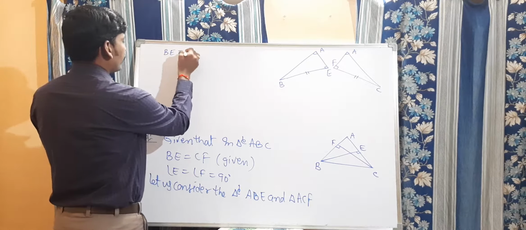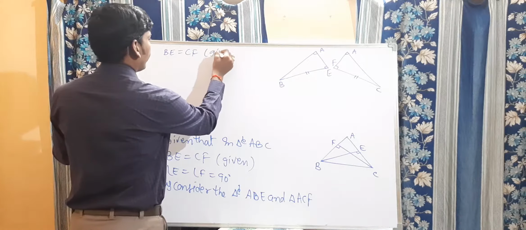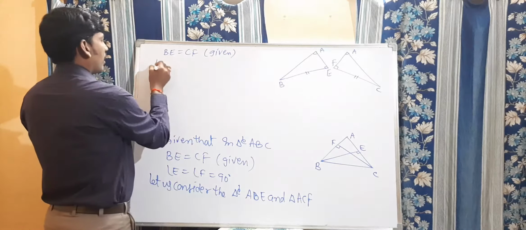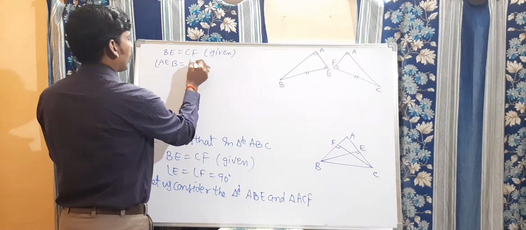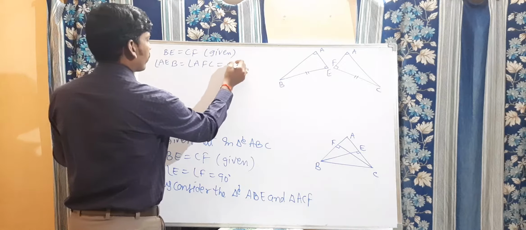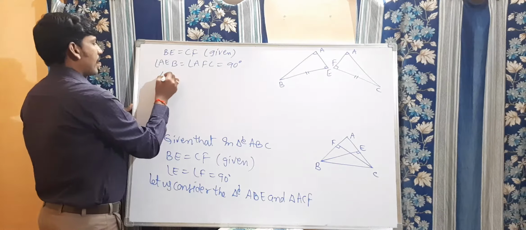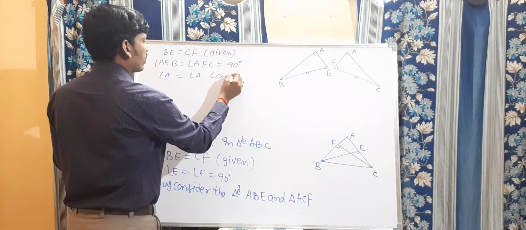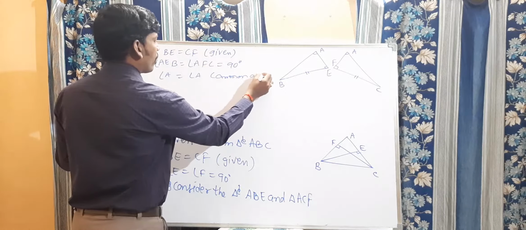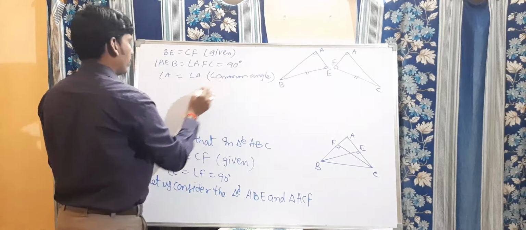BE is equal to CF, the given, angle AEB is equal to angle AFC, which is equal to 90 degrees, whereas angle A is equal to angle A. This is the common angle. So which congruency property can we use here?